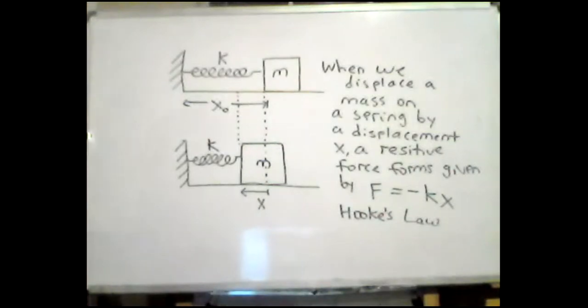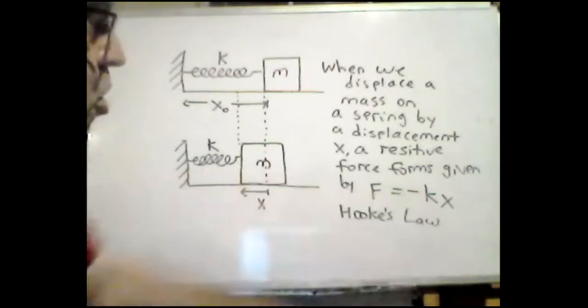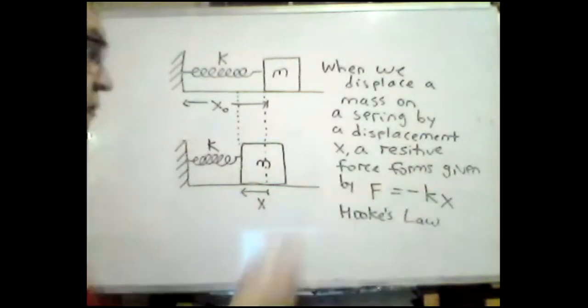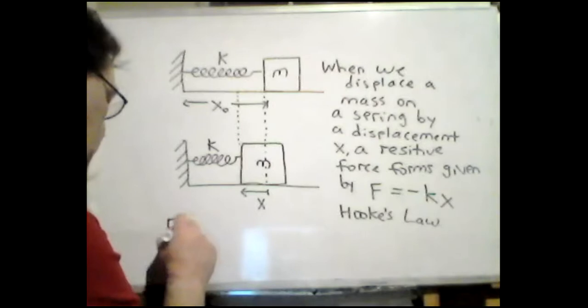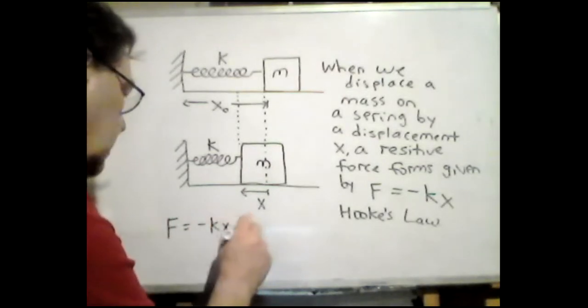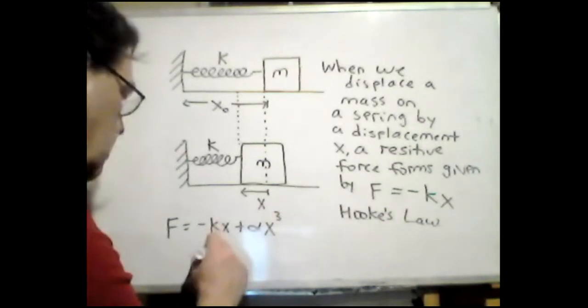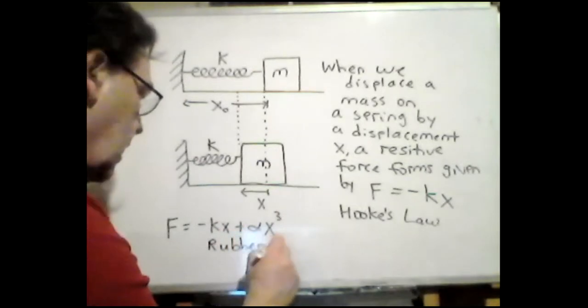Now, Hooke's law is not really a law of physics, because it's not general. It's true the vast majority of the time, but you might have, for instance, another term. Rubber bands don't follow Hooke's law. Rubber bands follow something like negative kx plus, let's say, some alpha x cubed. That's more complicated.